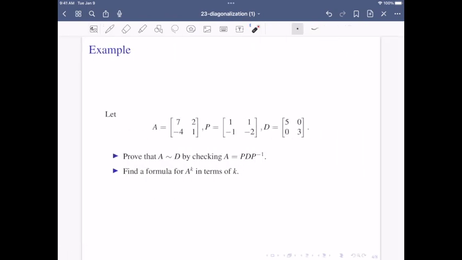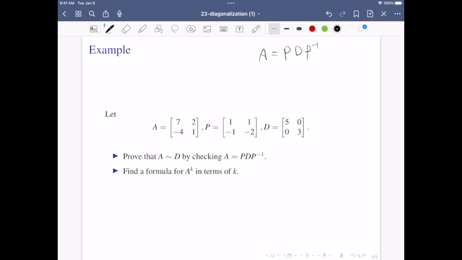Alright, here's one example. Suppose A is given as a 2 by 2 matrix. Then the usual question is, can you diagonalize this A? In other words, can you find two matrices P and D such that A equals P D P inverse?